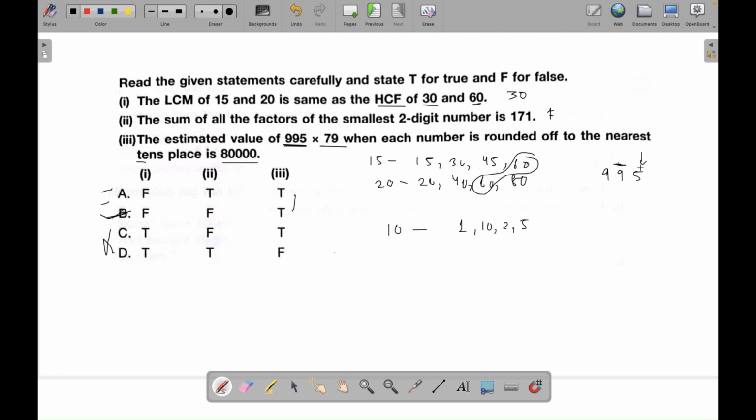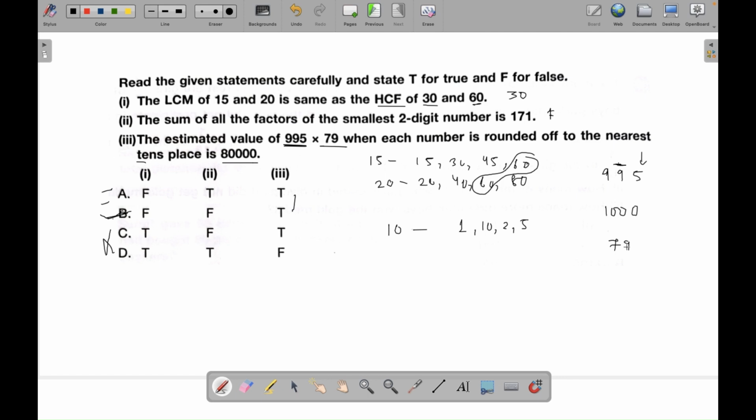If it is greater than or equal to 5, we add 1 here and then make this 0. So if you add 1 to 99, you'll get 100, and then this will be 0. If it is less than 5, make this 0 and don't add anything. So this becomes 1000.